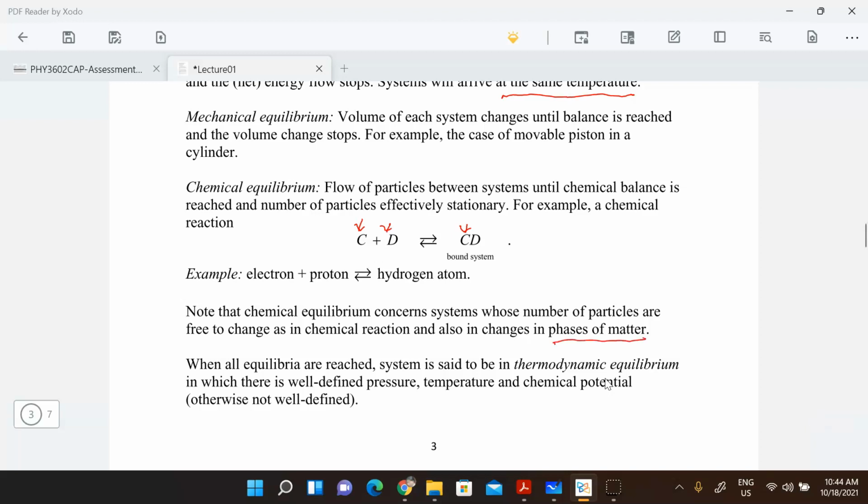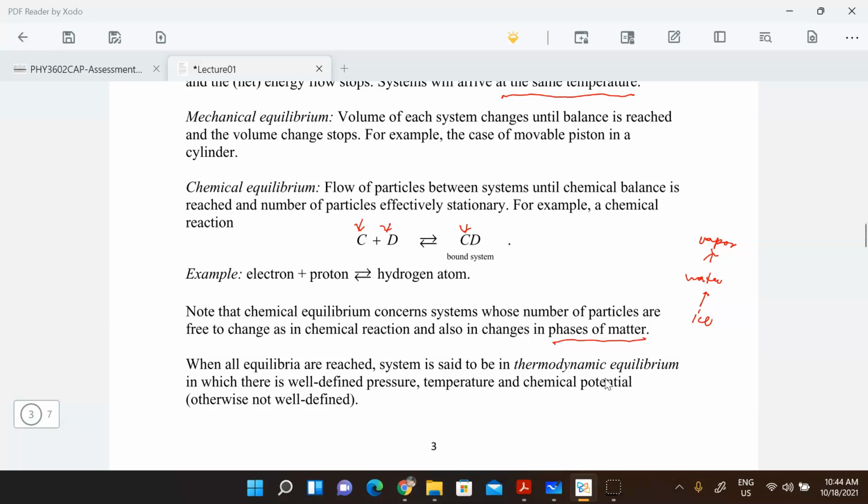For example, from ice to water to vapor. So we can talk about each of these phases having different types of particles, and you can also consider whether it's in equilibrium or not.